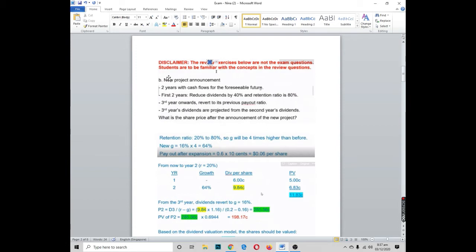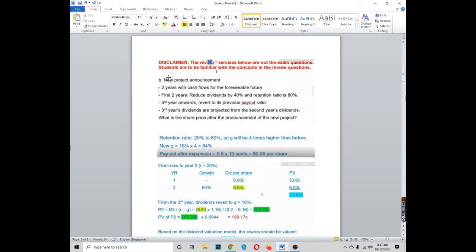In year 3, the growth rate will be 16%. So the critical point is in year 3 we take growth rate 16%. Third year dividend is projected from the second year dividend.